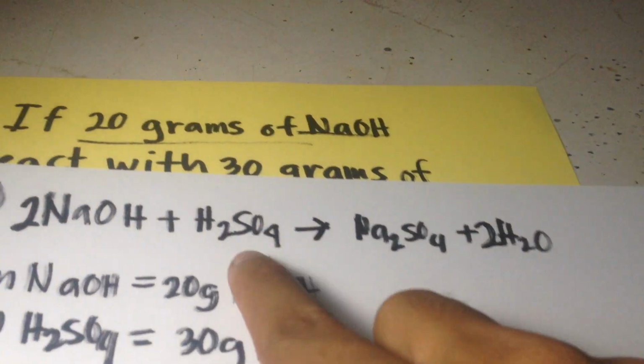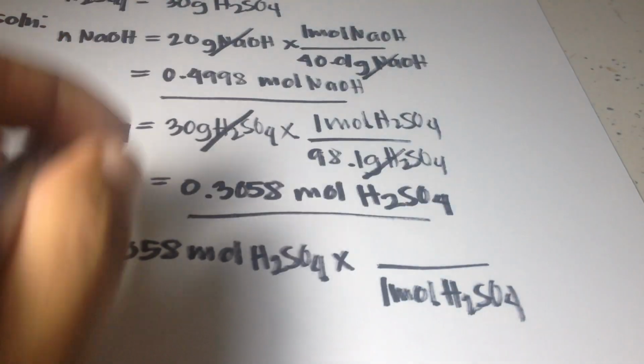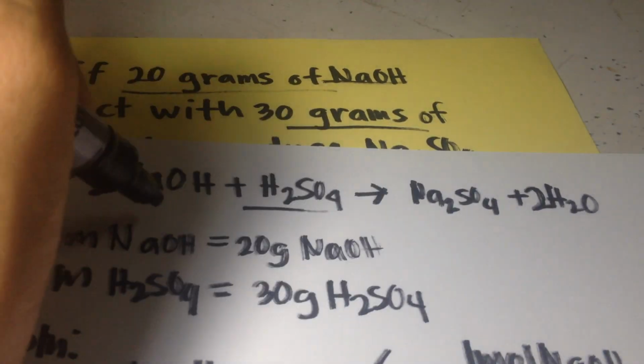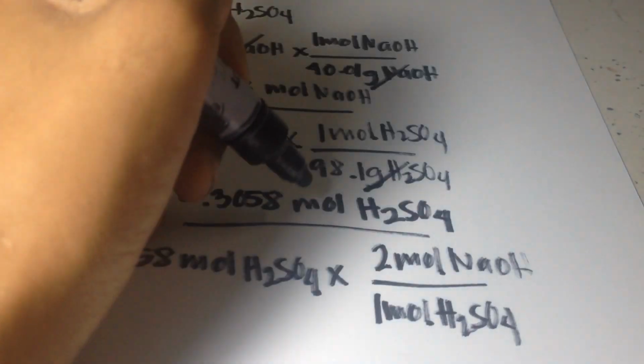We have 1 mole of sulfuric acid here and then 2 moles of sodium hydroxide. So cancel out.